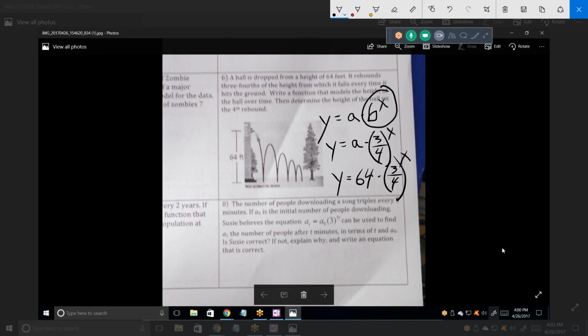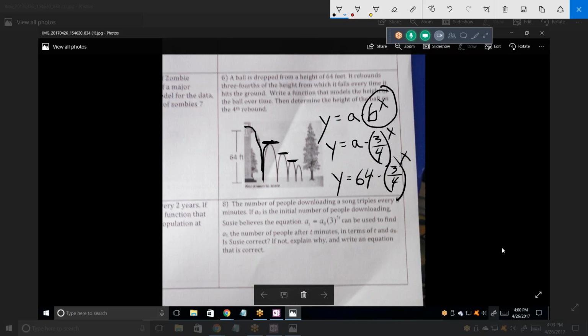And I think x is the number of bounce. In other words, if x is 1, then it's bounced this time, and it's giving you this height. If x is 2, you're going to get this height. If x is 3, you're going to get that height, and so forth.